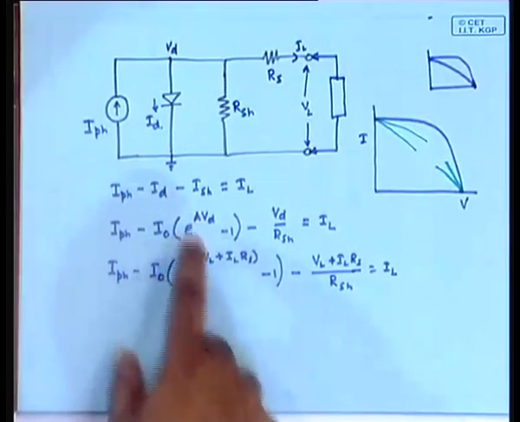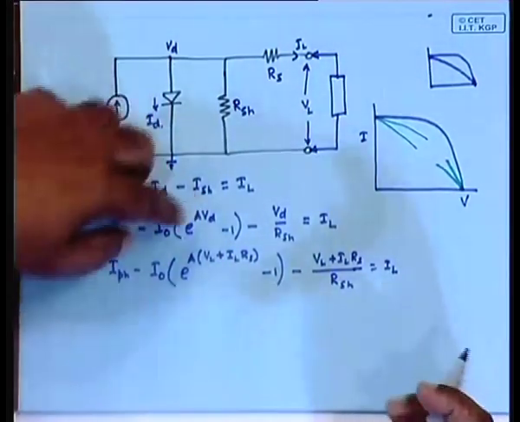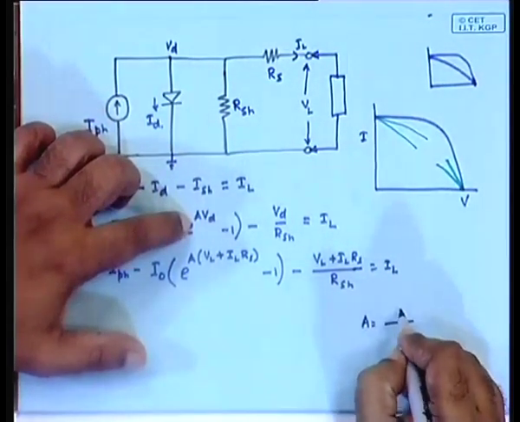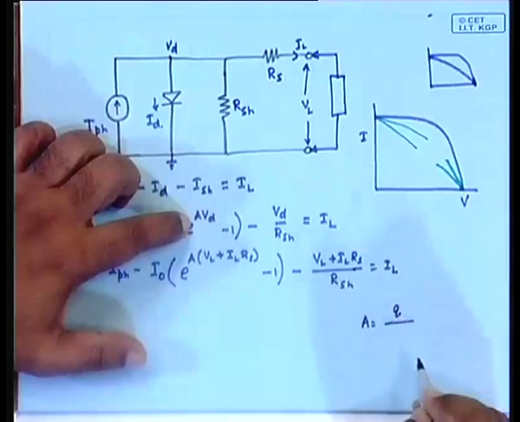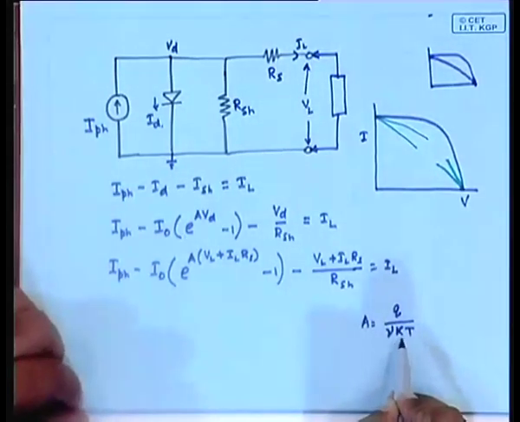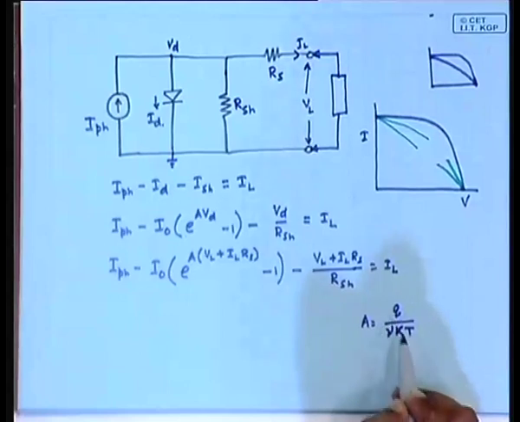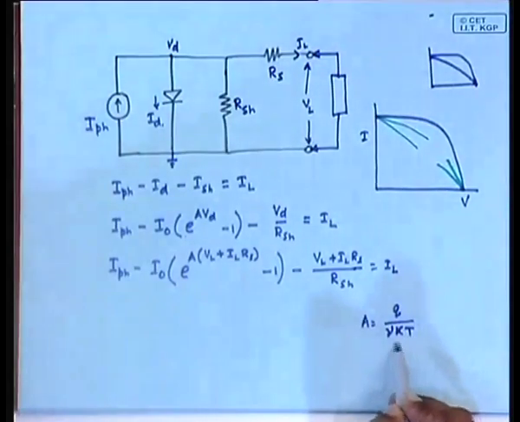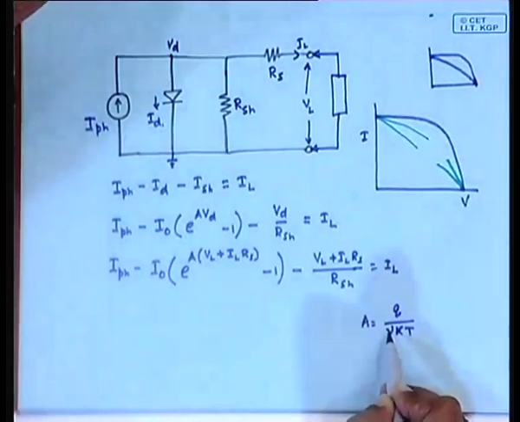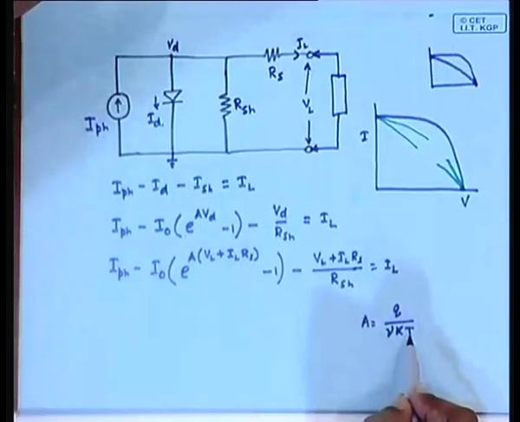By the way, in some books you will find, what was the content of this A factor? A was Q by... yes, there were these factors. Out of this, Q is a constant, K is a constant, T is the temperature, and this is a curve fitting constant. In some books you will find that this factor is ignored, do not be confused by it. In some books you will find this is given as Q by KT, so do not be confused.